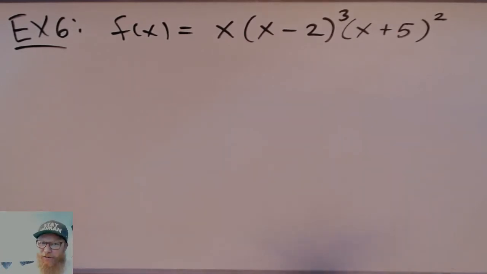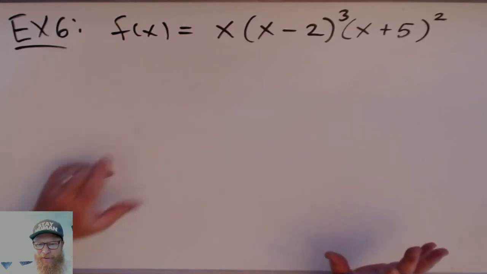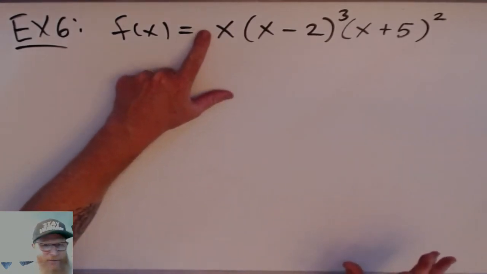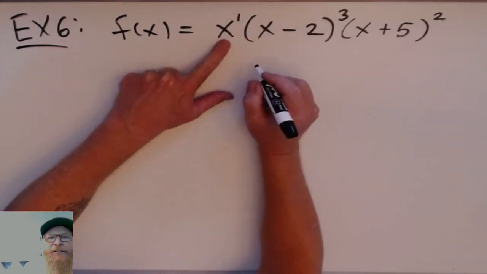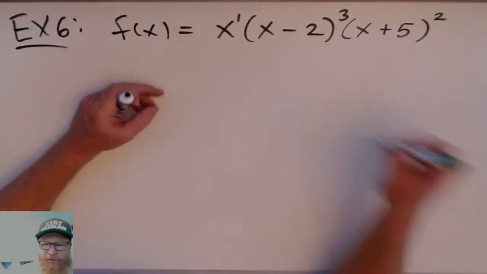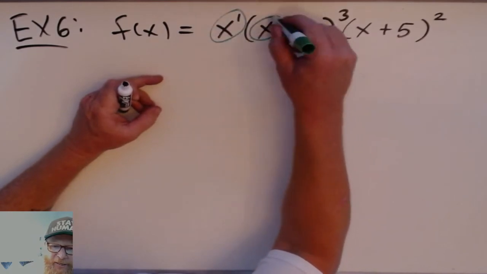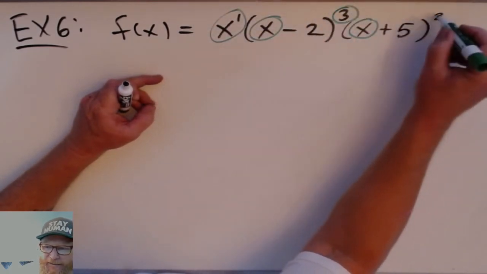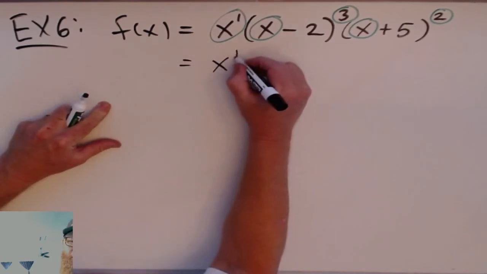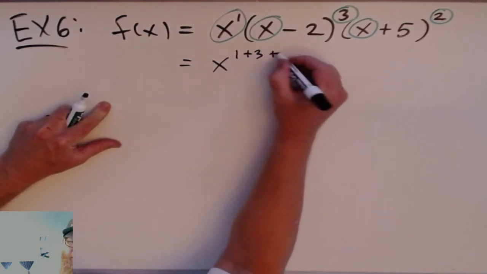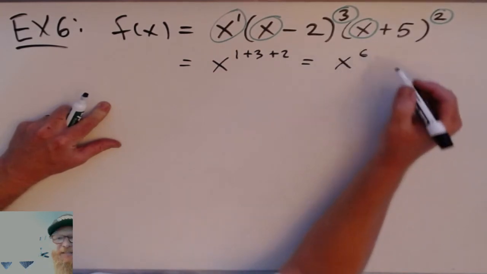All right, the first thing you want to do is look for the leader. See if you can find the leader. Well, you don't have a leading coefficient, so you don't have to worry about any numbers, but you still have a leading x. So that's x to the 1. So your leader will be x to the first, x to the third, and x to the second. So this will be x to the 1 plus 3 plus 2, which is x to the 6th.